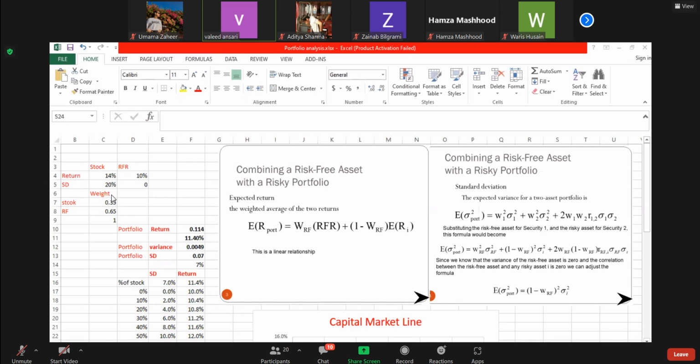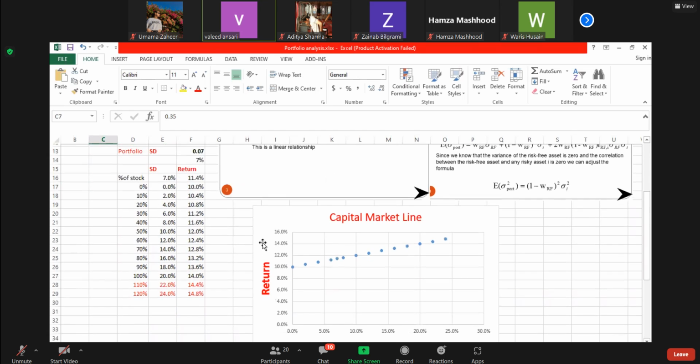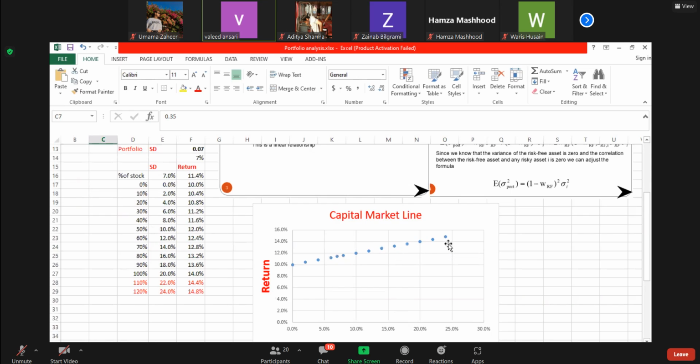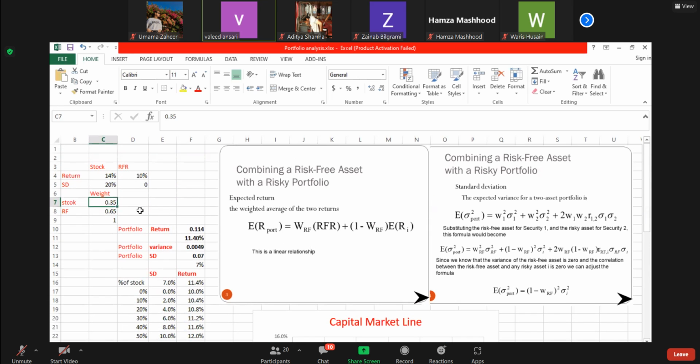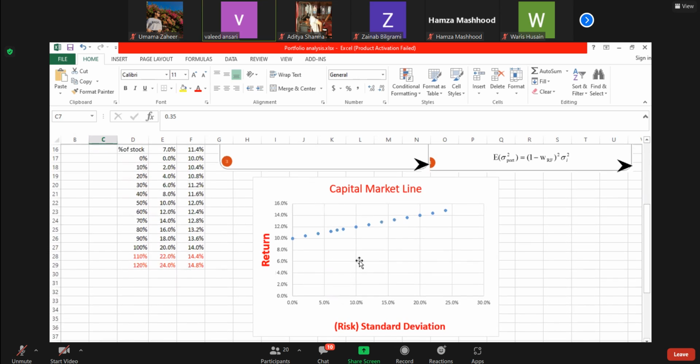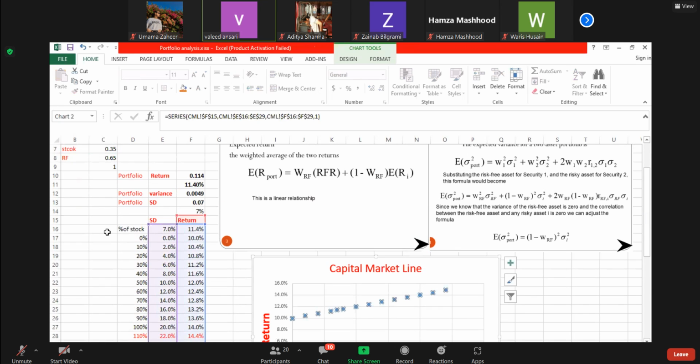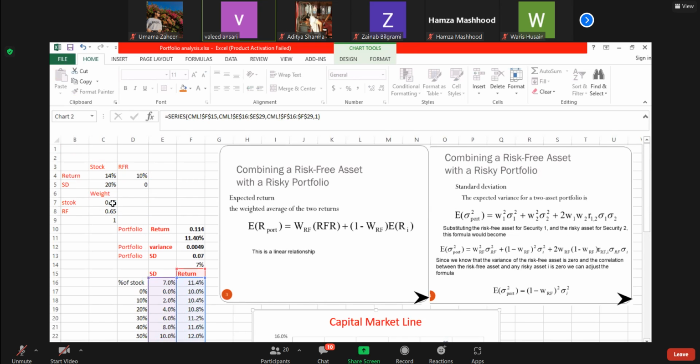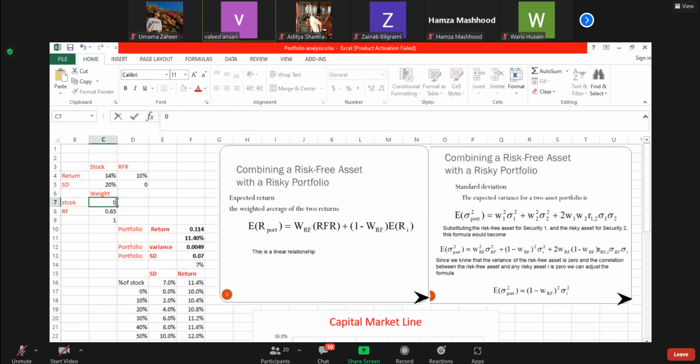For instance, if I change the weight here, assume the maximum return is here, 20 and 14, it is not 25. I have changed it actually for that matter. So now if I change the weight here, let us say more than 100 percent, 1.2, let us see what change comes.